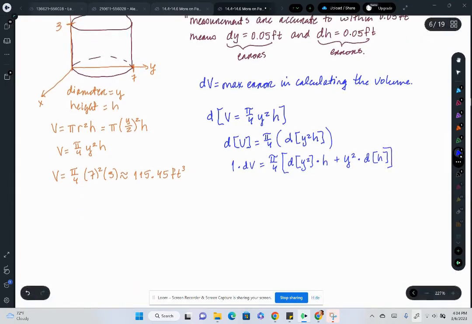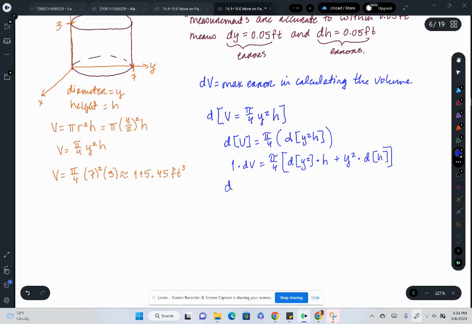Okay, let's very carefully clean this up. On the left, we'll simplify that to just be dv. On the right, we have our pi fourths still hanging out. All right, little d of y squared. I'm going to take the derivative of y squared. It's 2y. But little d is like, hey, we need a dy in there so that we know what the derivative was with respect to. And then this is times h plus y squared.